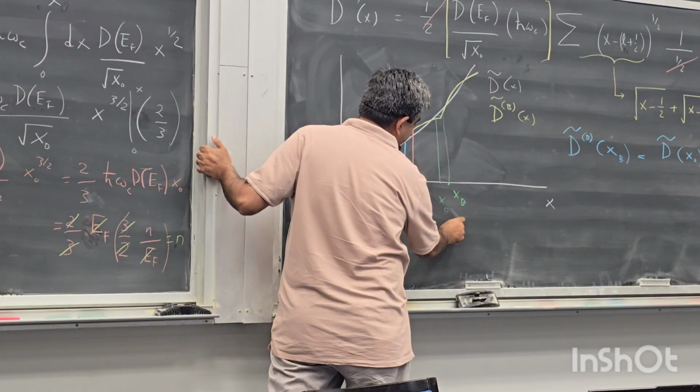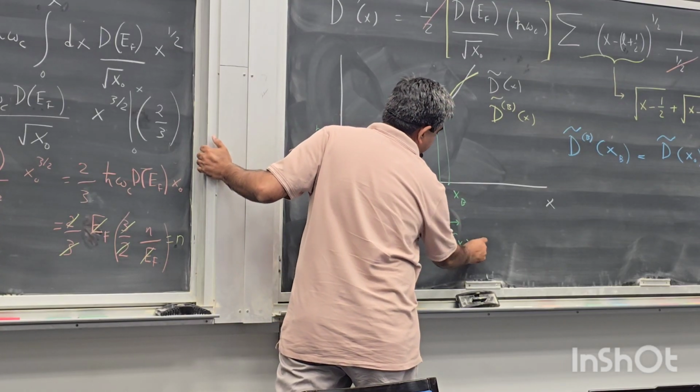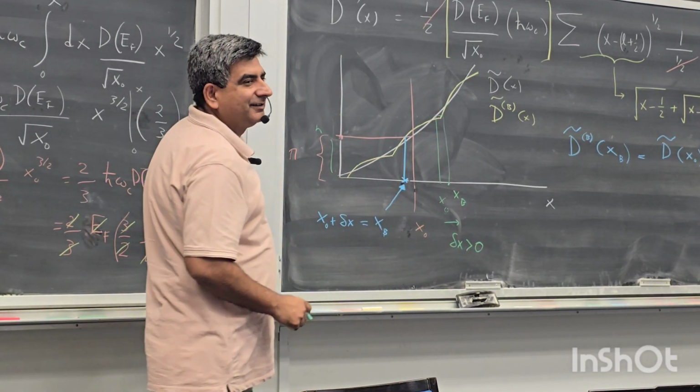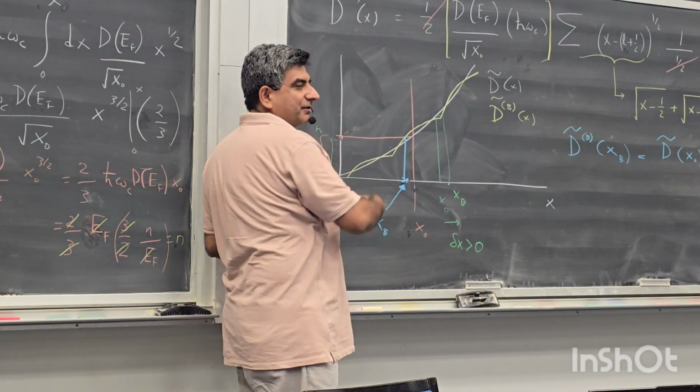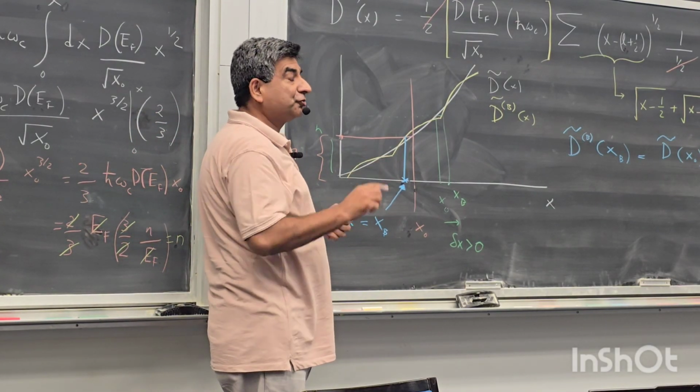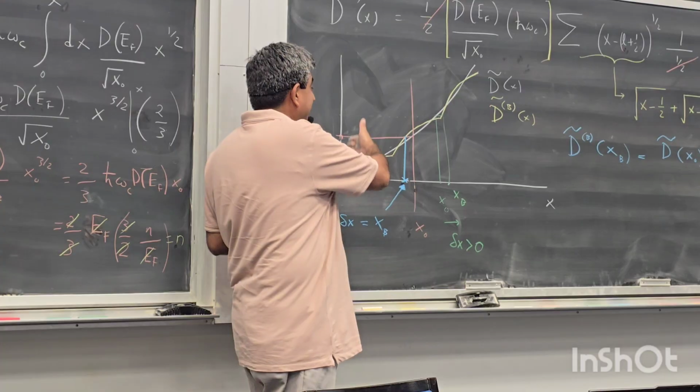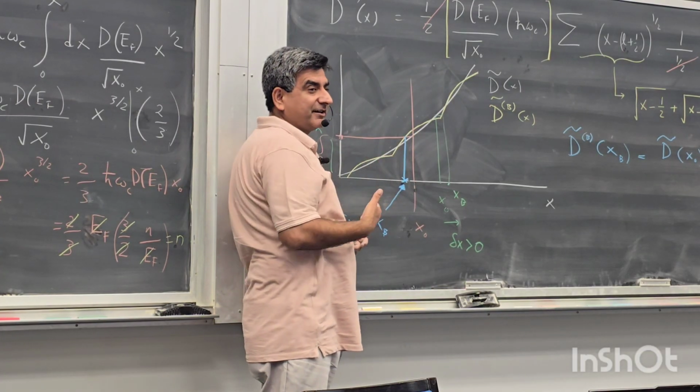So in this case, delta x is positive. The Fermi energy has gone up. You don't want to keep the area under both curves. You want to keep their ordinates the same because these are integrated density of states.